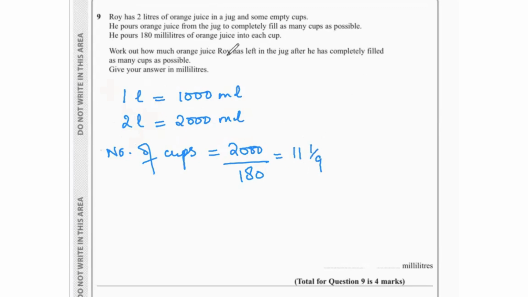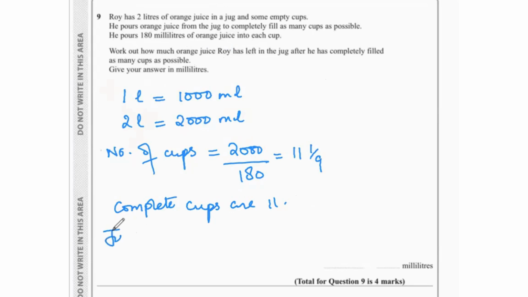Work out how much orange juice Roy has left in the jug after he has completely filled as many cups as possible. So complete cups are 11. So 180 milliliters of juice goes in each cup.